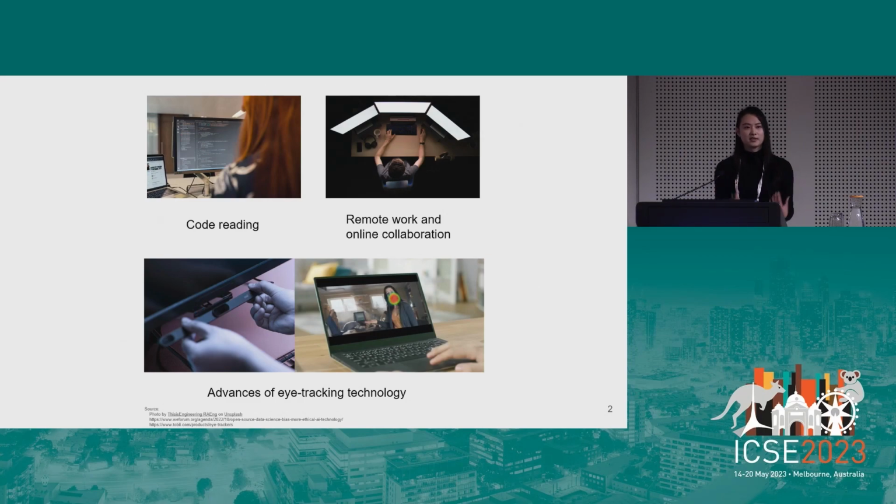So combining all these factors together, we see a greater potential for eye tracking to add value to empirical software engineering in terms of gathering rich data in a non-intrusive way and performing gaze analysis of developers, as well as the promise of gaze-assistant developer tools.